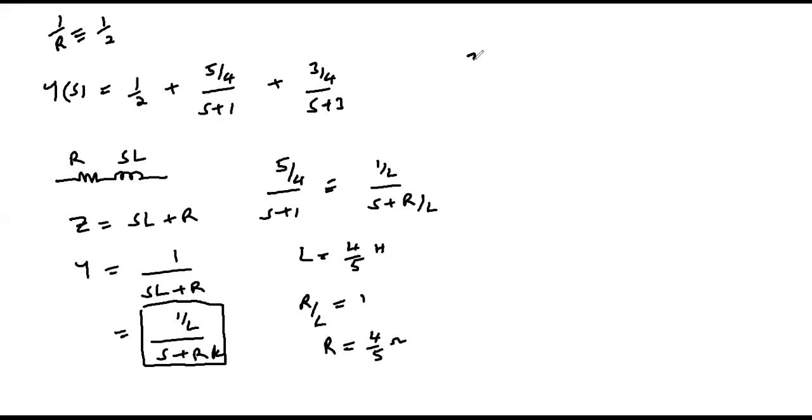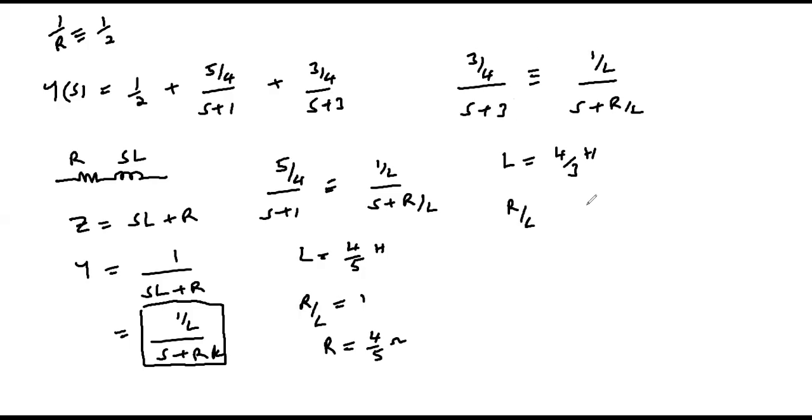The next one is (3/4) over (s plus 3). We compare this with (1/L) over (s plus R/L), from which we get our L to be 4/3 Henry, the reciprocal of the numerator here. And then our R over L is 3. That means R will be 3 times L, 4/3, which is 4 ohms.